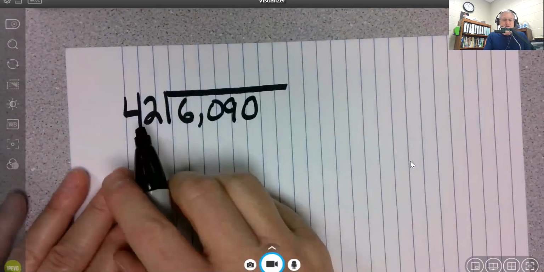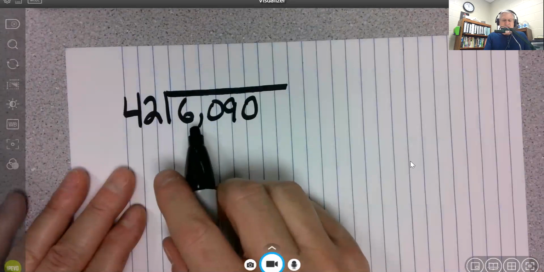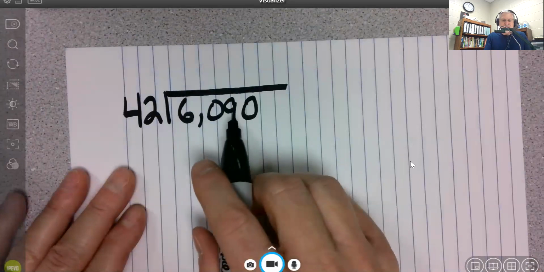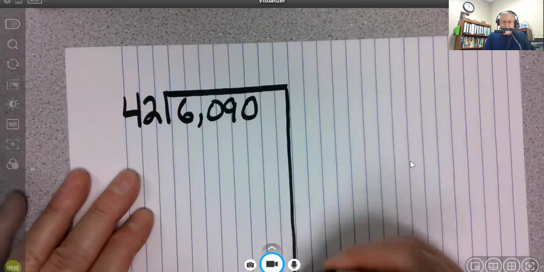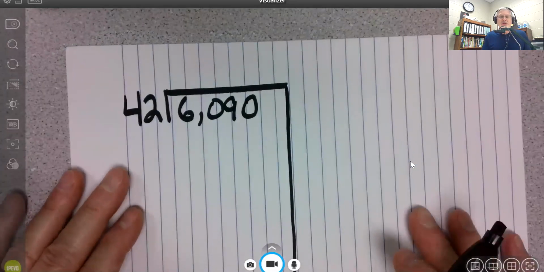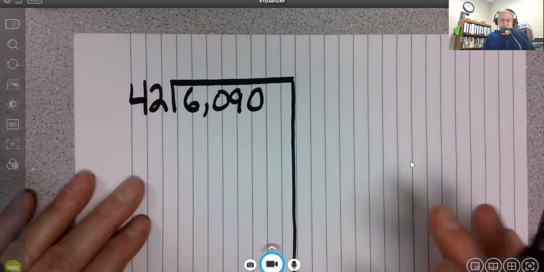And remember, 42 is our divisor, 6,090 is our dividend, and we do not know our quotient yet. That is the answer to our division problem.